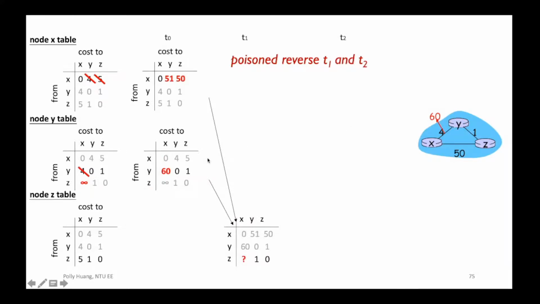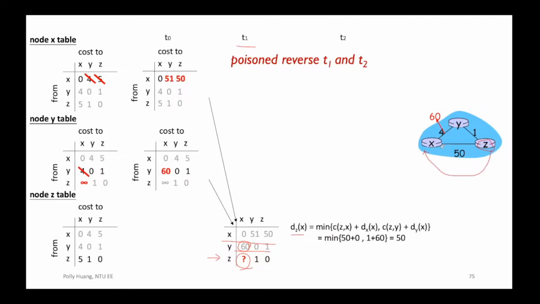And then at the next point in time, T1, Z here is going to receive the distance vector from X and Y, and this time dyx is 60. That's going to change the result of dzx, this entry here. So let's see, dzx.